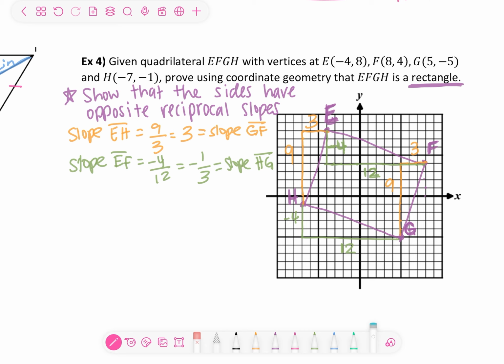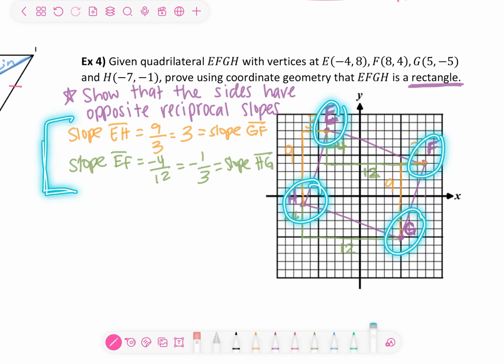We can say that EH and EF are perpendicular, and the same for HG and GF, and for EF and FG. But we don't need to write them all out separately. We can say that because the slopes are opposite reciprocals, all 4 vertices are going to be right angles.